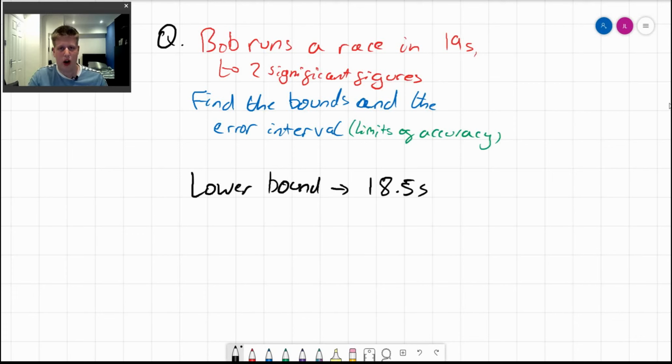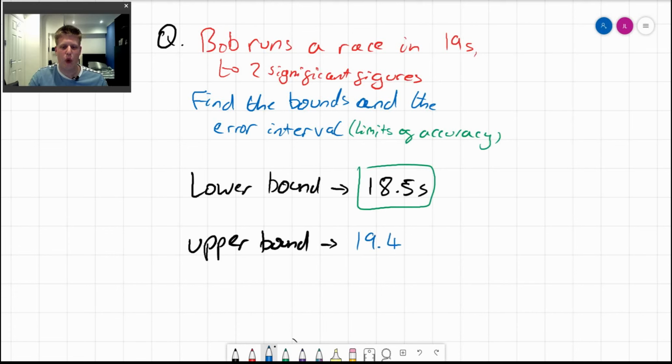How about the upper bound? Now, the upper bound works a bit differently with continuous data. Because continuous data can take any form, technically the upper bound would be 19.499999999999 seconds. Because if it was 19.5, technically you'd round up to 20 seconds.